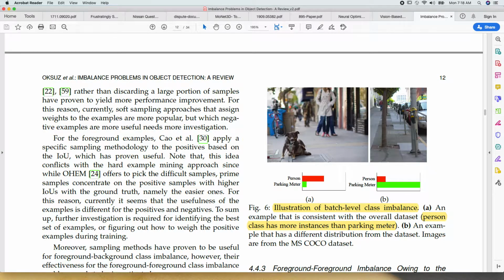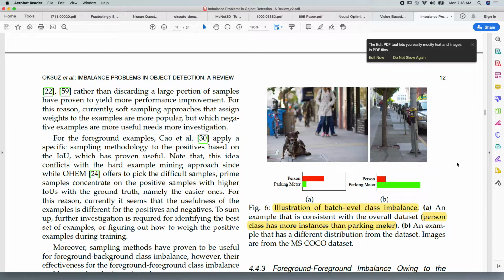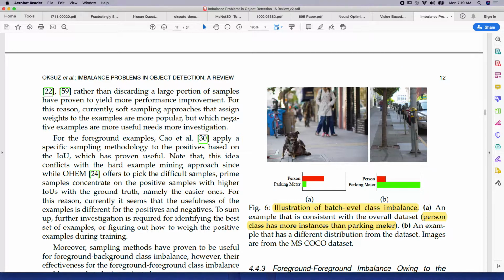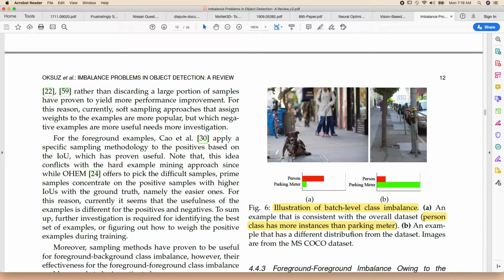This is a parking meter. Very difficult to read here. But then, here is an example that has a different distribution from the data set. You will see you have more parking meters here: 1, 2, 3, 4, 5, 6, 7, 8. Then you just have 2 people. So this is definitely a bias that will affect each batch.